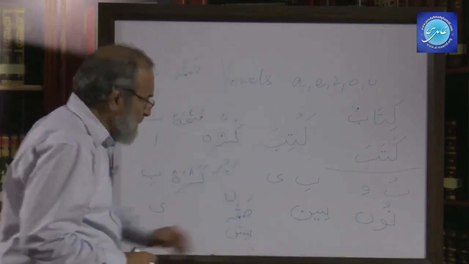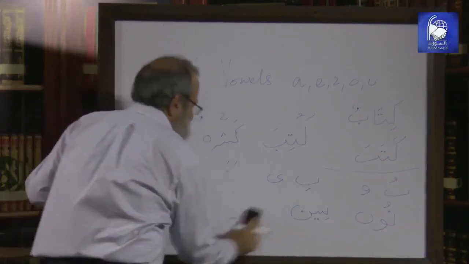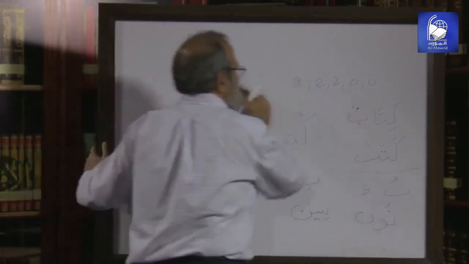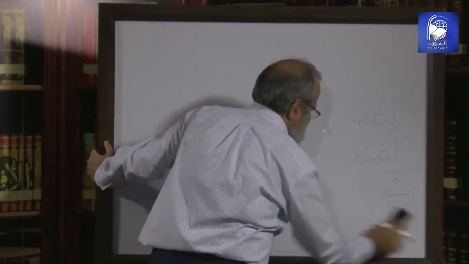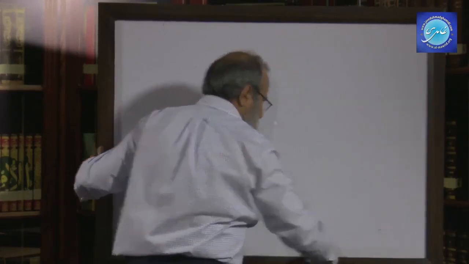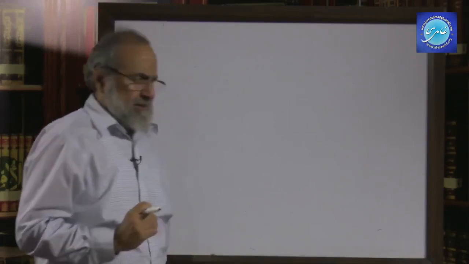Now, let me move on to describe something which is similar but has significance that you ought to know in order for you to be able to read words correctly.